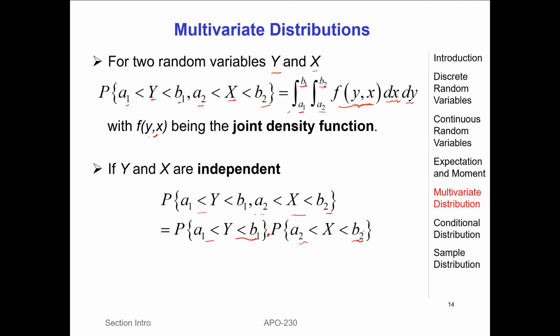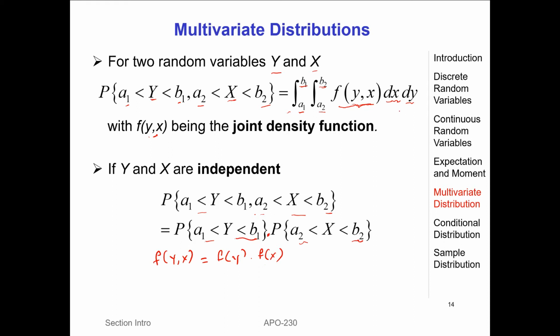So now let's adapt it to the density function notation. In the continuous case, that means you have f(y,x) equals simply f(y) times f(x).